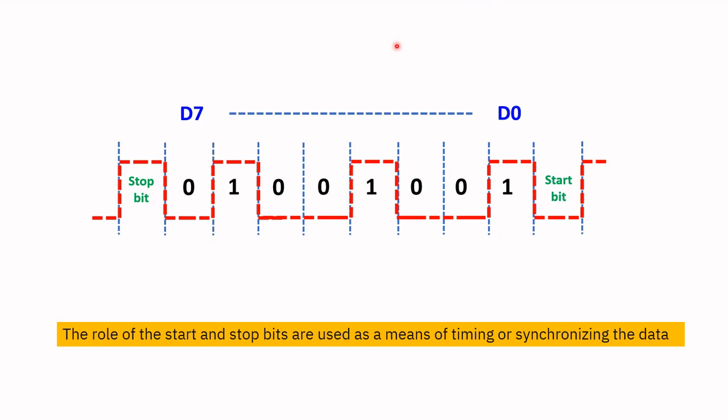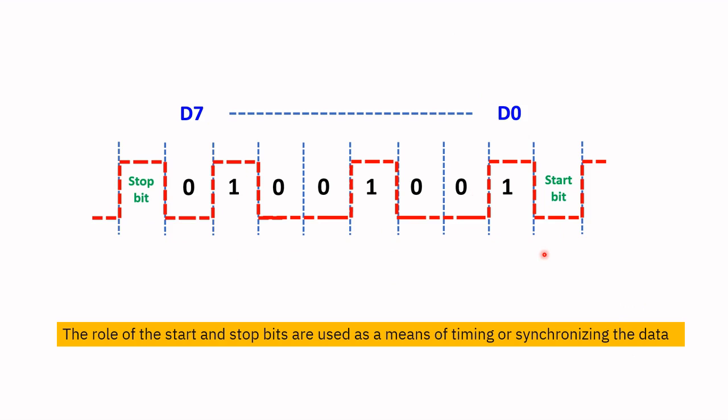So what's the role of this start bit and stop bit? Basically, the start bit and stop bit are used as the means of timing or synchronizing the data. This is for asynchronous transmission.